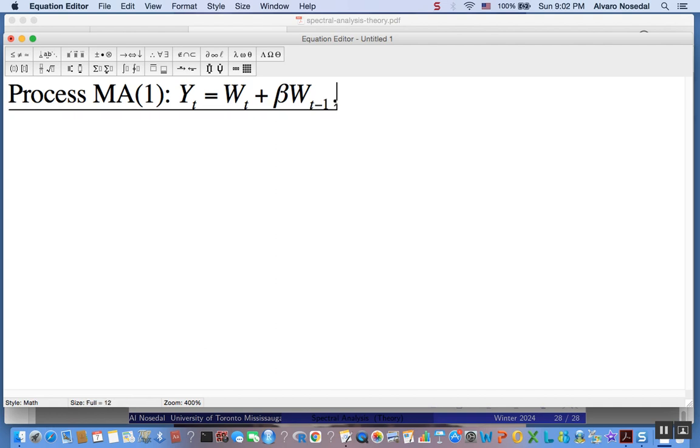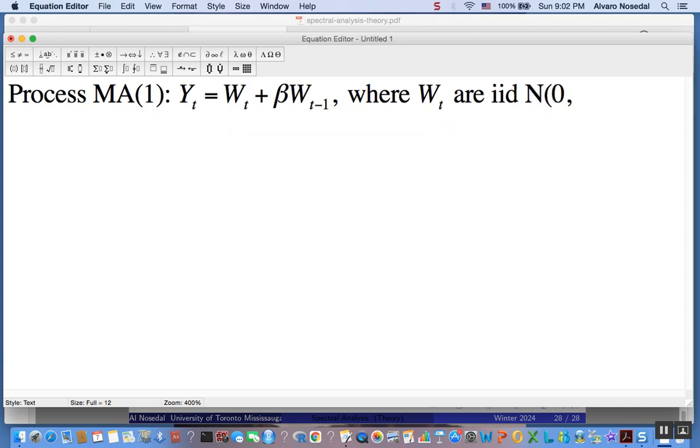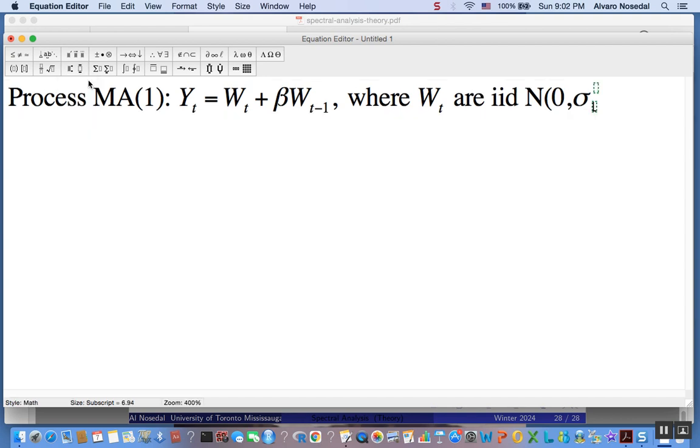And as we said, W_t is IID, normally distributed, with mean 0 and variance sigma squared.